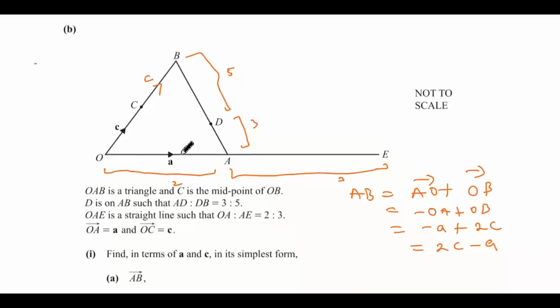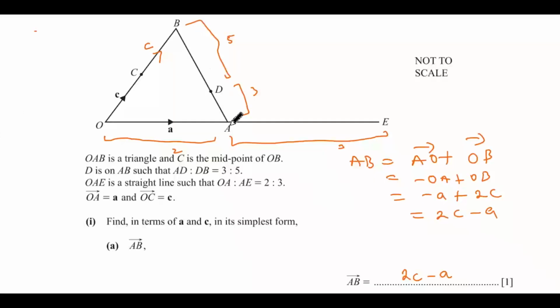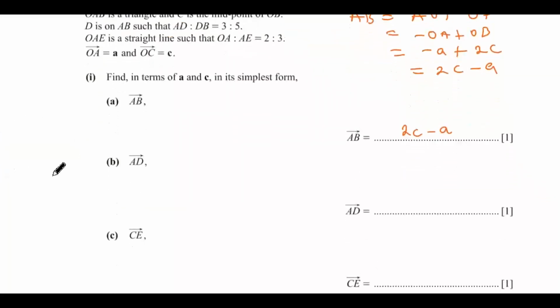So part B, find AD. To get AD is very simple. AD will be 3 over 8 of AB. The whole length is what you are sharing between AD and DB.